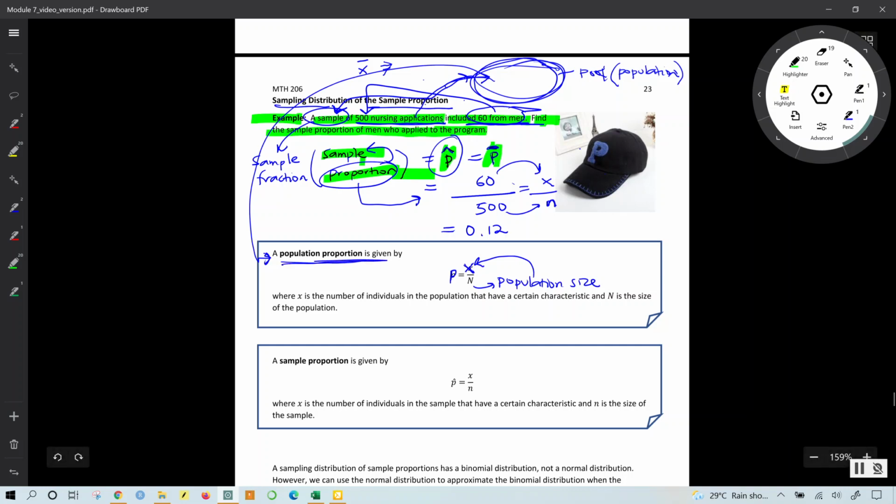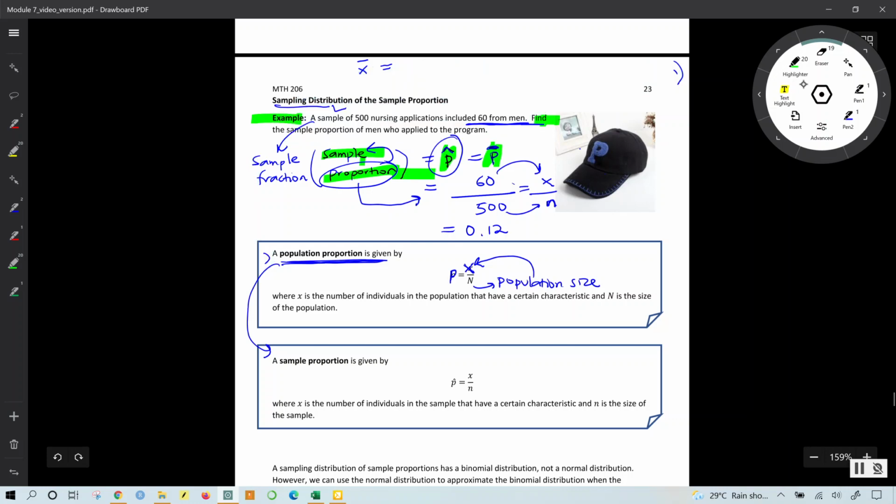If we are unable to observe the entire population, we settle for a sample, just like it was done in this example, where from the entire pool of nursing applications, a sample of just 500 was drawn.